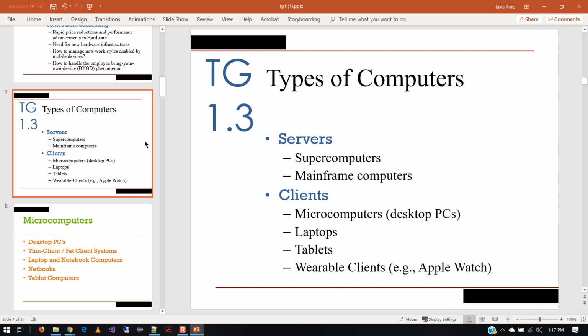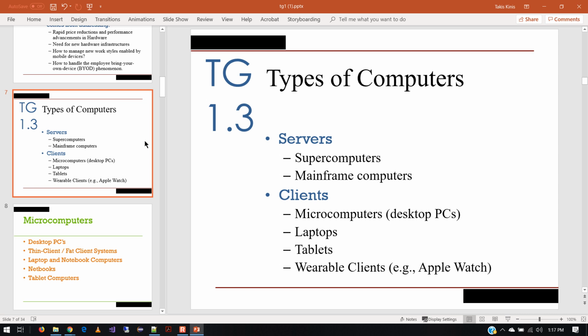A microcomputer includes things like a desktop or a laptop. Obviously, tablets, laptops, wearable technology, like the watches, Google goggles, or a Fitbit. Heck, your phone kind of is too.